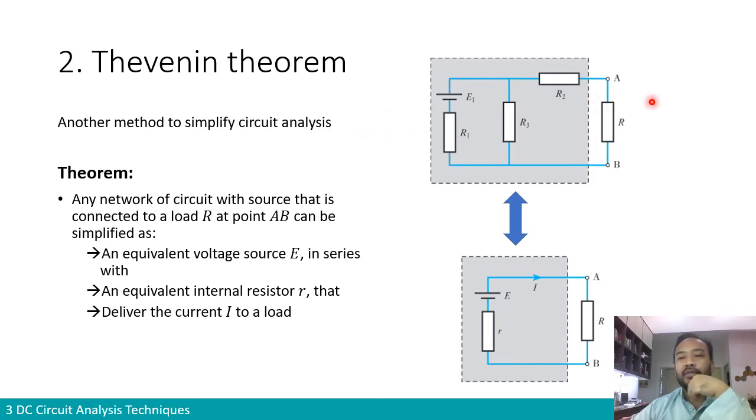The theorem says that if you have a network of circuit like this, with any number of voltage supplies and any number of resistors, and you are looking from the point of view of a load, for example this R over here, which is connected at node A and node B, then all the network that comes before AB can be considered as an equivalent voltage source or current source.